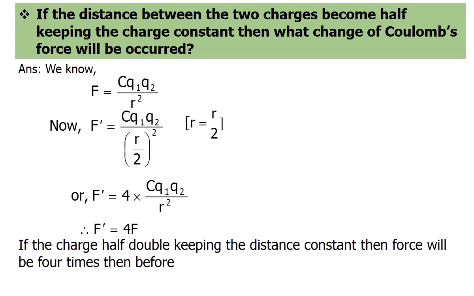So we can write here F prime, and the formula of F prime will be F prime equal to C q1 q2 by r by 2 whole square.